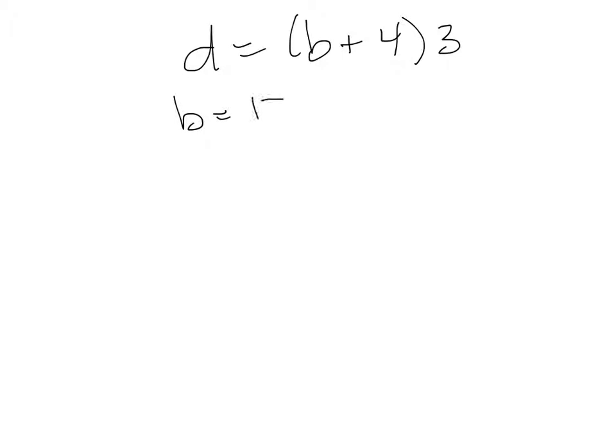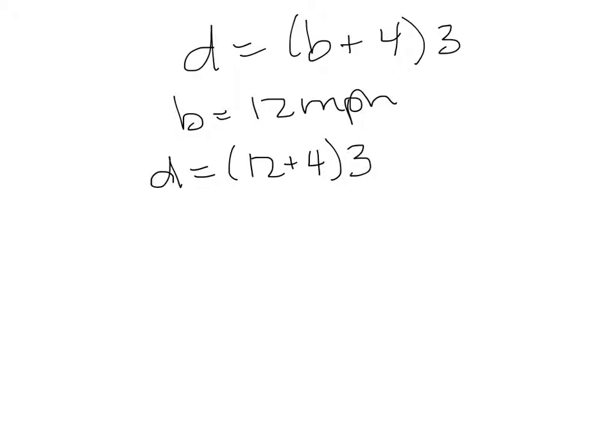We'll use the first equation. D equals b plus 4 times 3. And remember, we solved for b. It was 12 miles an hour. So substituting for b, d equals 12 plus 4 times 3, which is 16 times 3, which is 48.